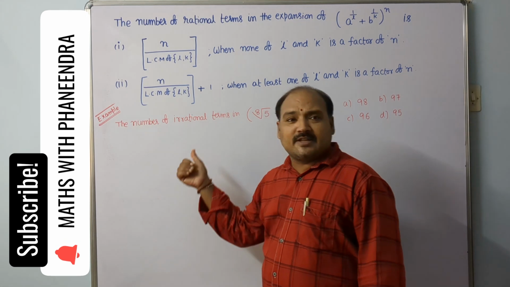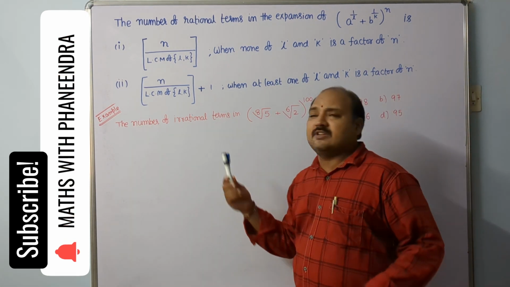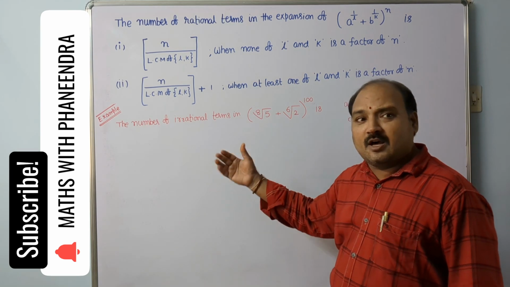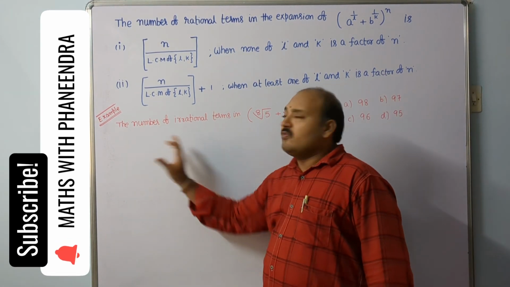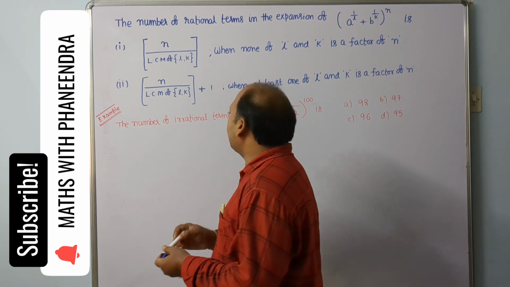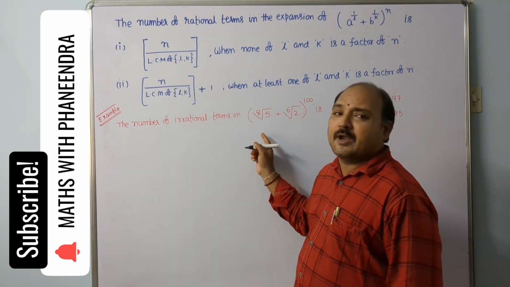Let us discuss an example from previous JEE. I did not remember exactly, but I am going to explain previous years' JEE questions related to irrational and rational terms. See here, the number of irrational terms in this expansion.